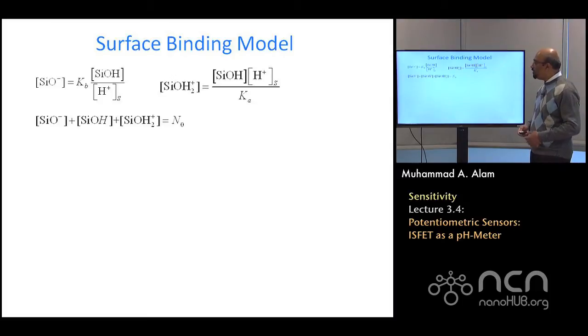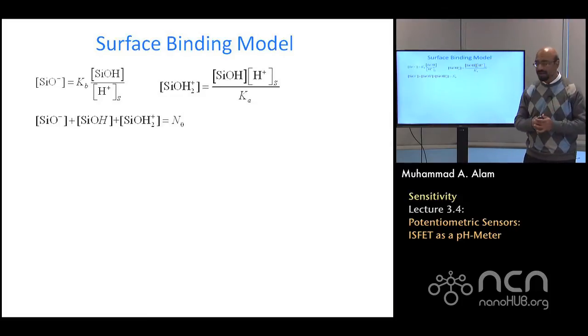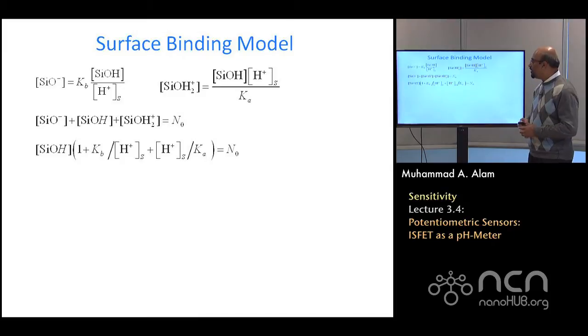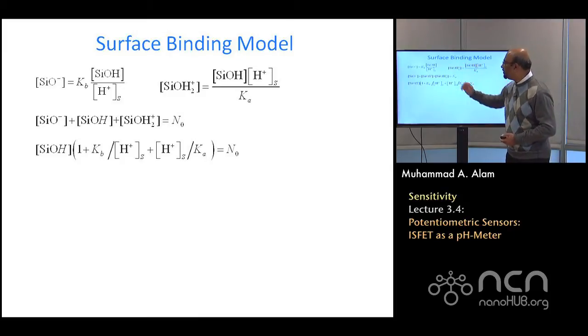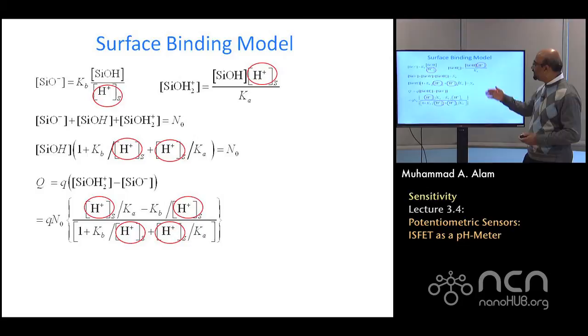And so therefore, once you remember that the total number after protonation and deprotonation must be equal to N naught, its value in air, you can simply substitute. Once you substitute, you have all this hydrogen atom coming from pH. Two lines of algebra.